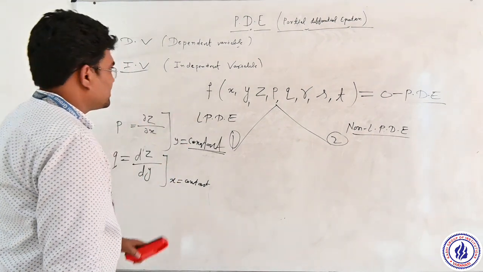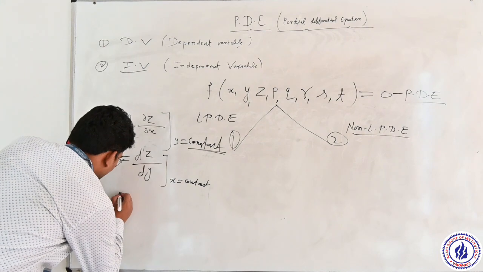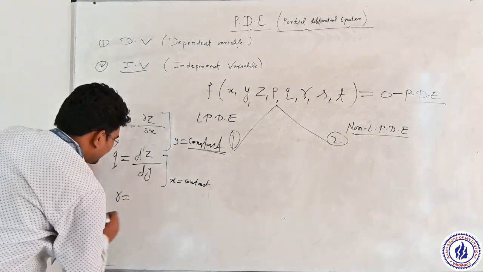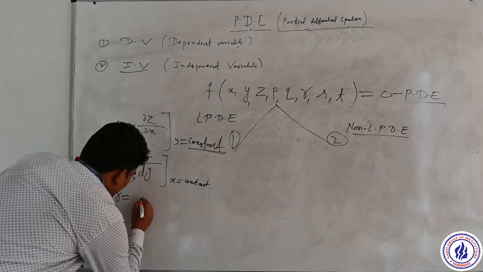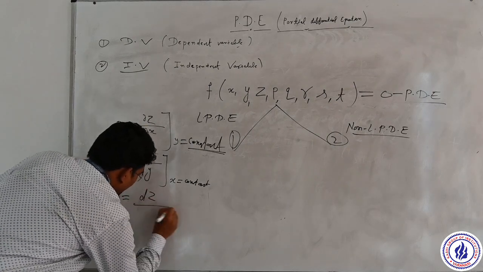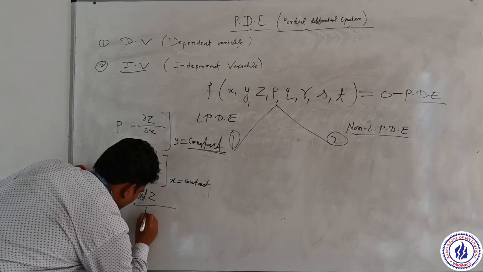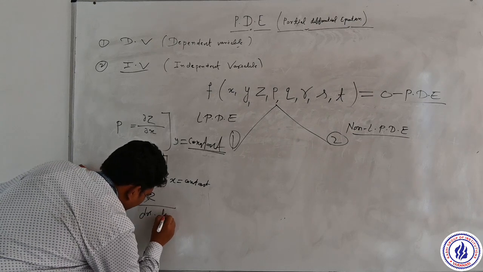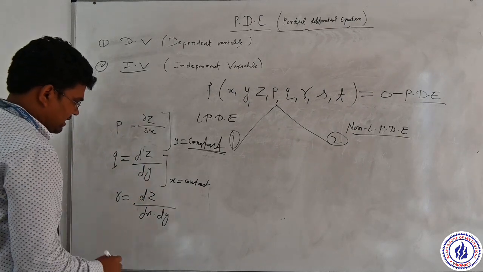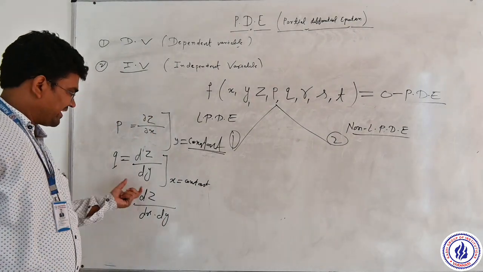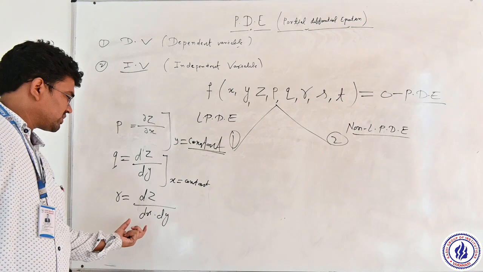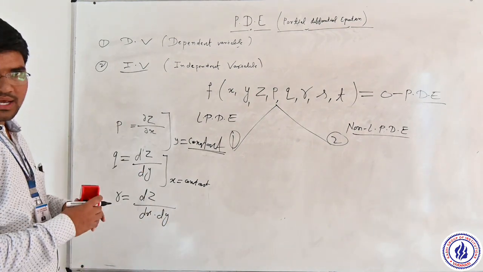Now again you have r, that is again differentiation of z with respect to x and y both. r is differentiation of dependent variable z with respect to x in both terms.